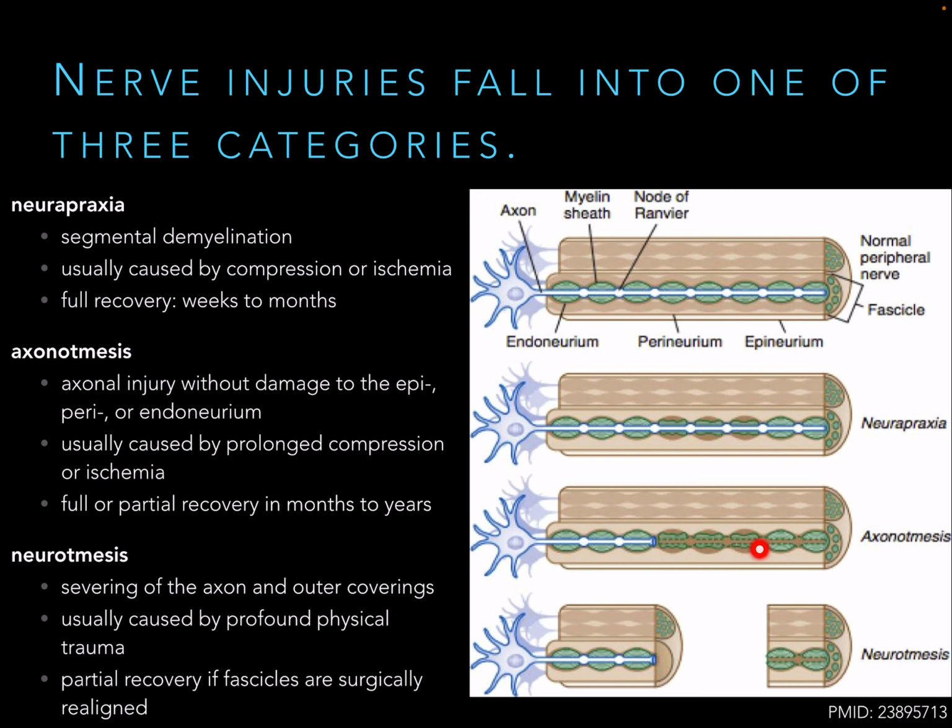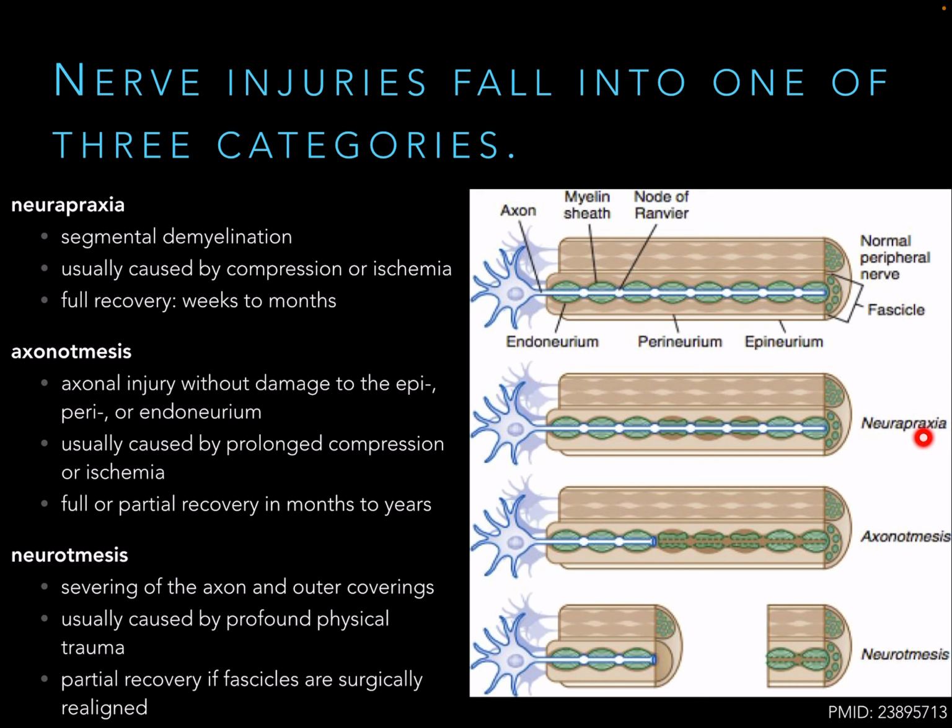If we lose the axon, we call it axonotmesis, so long as the rest of the nerve is intact. But when we have some kind of crush or laceration injury that damages the connective tissue, we now have neurotmesis. And these are ordered in terms of the least to most severe.